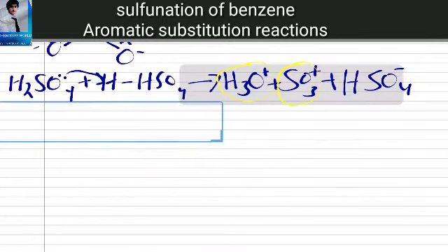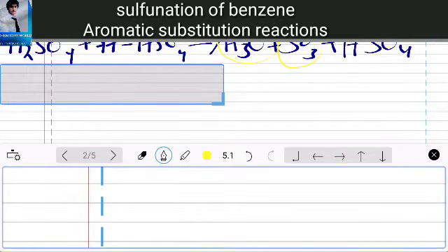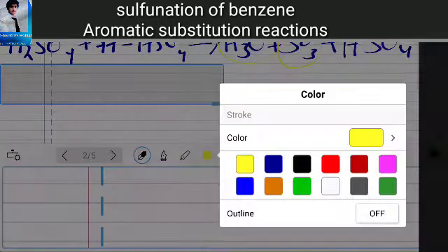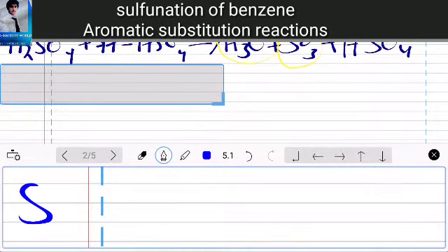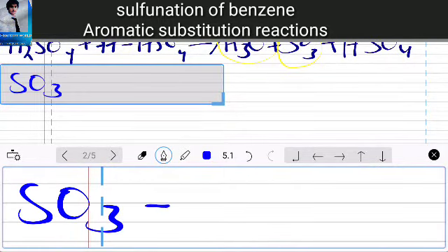And the second method is the reaction of SO3 with the catalyst H2SO4.